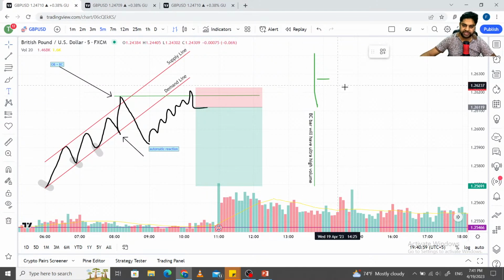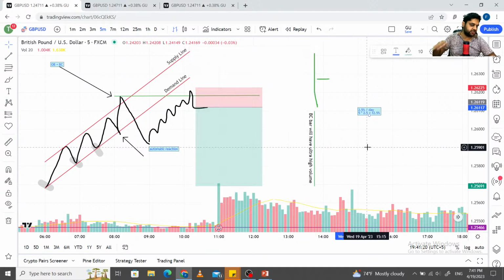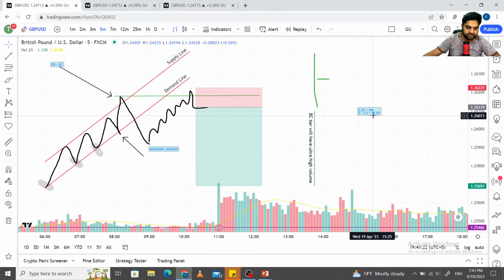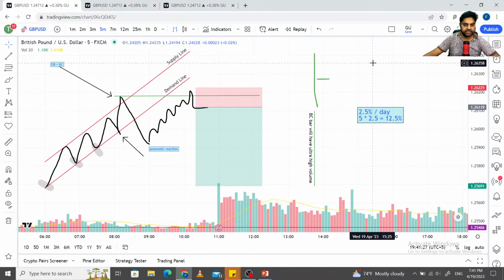Let's say you make an average of 2.5% per day. Then how much will you get in a week? Because in a week there are 5 Forex trading days. So you multiply 2.5 times 5, which is how much? 12.5%. Yes, you can easily make it. That's not a problem. Very easy. Believe me, very easy.